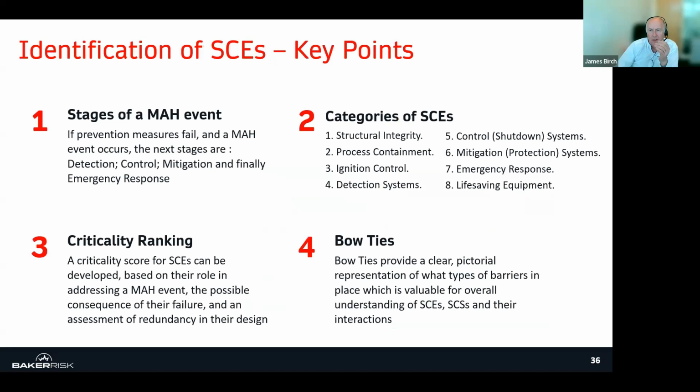So again, just to summarize what we've talked about: the development of major accident hazard events. We talked about the categories of SCEs that we need as we travel along that timeline. We've looked at the methods for criticality ranking, and we've looked at a way of analysing the loading of our barriers, the bow tie method.